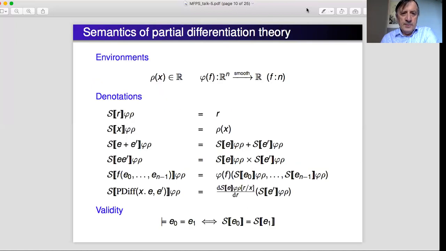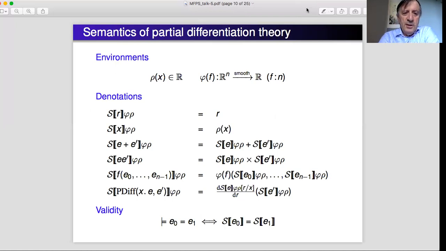Okay. The semantics is just what we'd expect, given that we're trying to axiomatize equality over the smooth functions. So we have 2 kinds of environments, rho for ordinary variables, phi for function variables, and phi of f must be a smooth function with the appropriate arity.